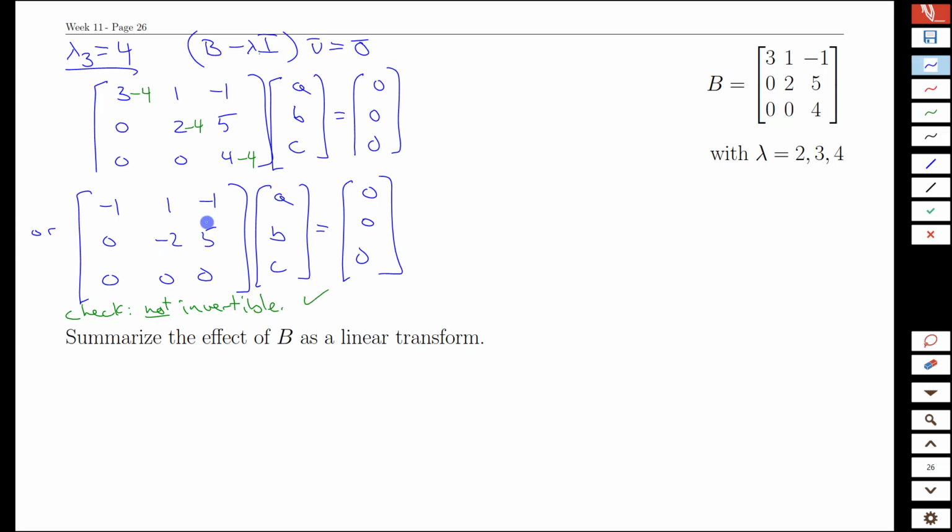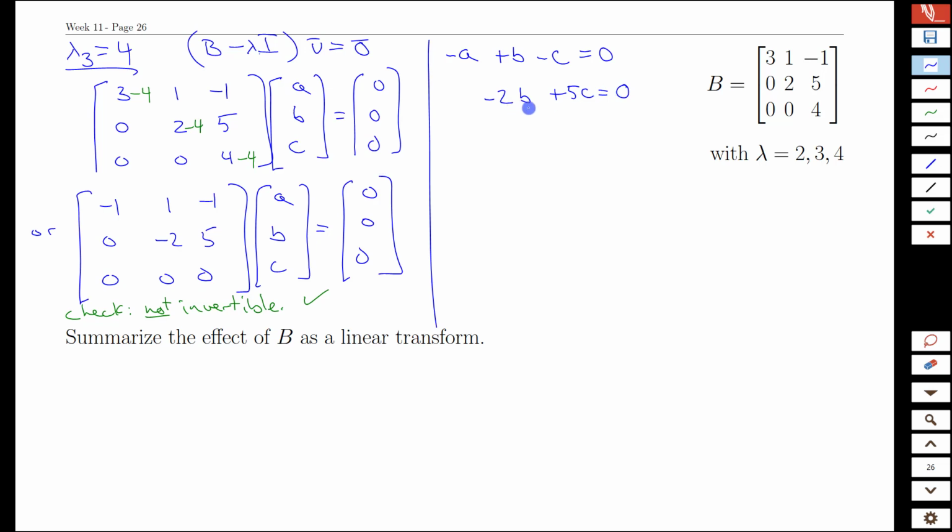Good. We can do our RREF. I'm just going to do it longhand here. Let's write this out as minus A plus B minus C equals 0, and minus 2B plus 5C equals 0. And the last equation, 0 equals 0 already.